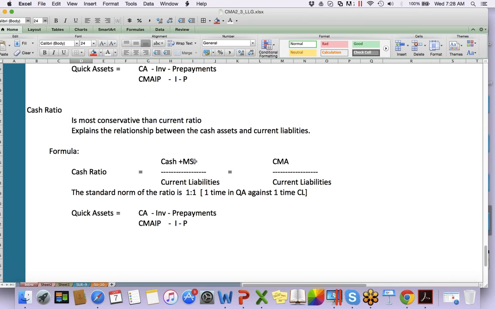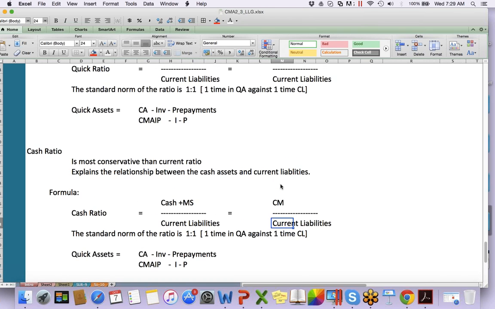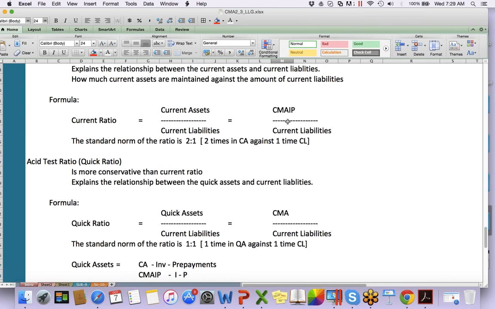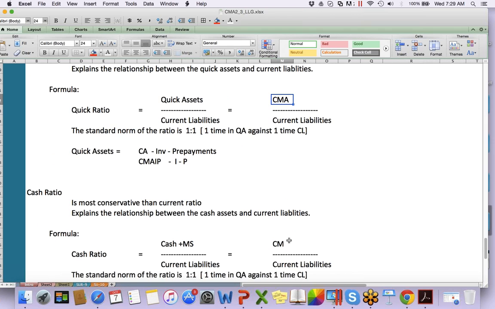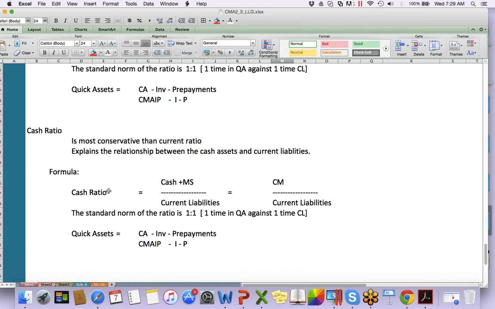Cash ratio equals cash and marketable securities divided by current liabilities. So you will remove A. See, each ratio is dropping some assets which take much time to convert into cash. Here IP are dropped, it became quick ratio. Here I is also dropped, it became cash ratio.